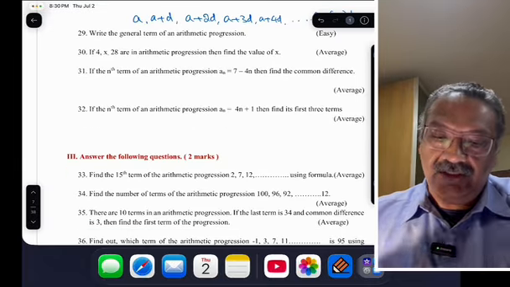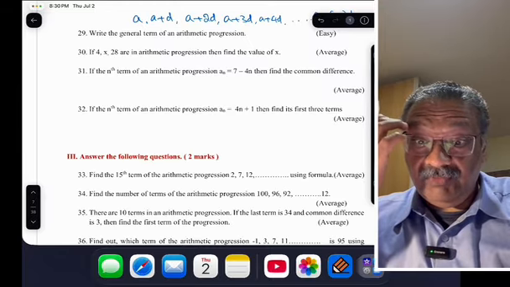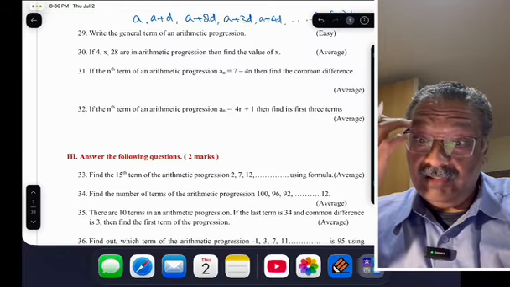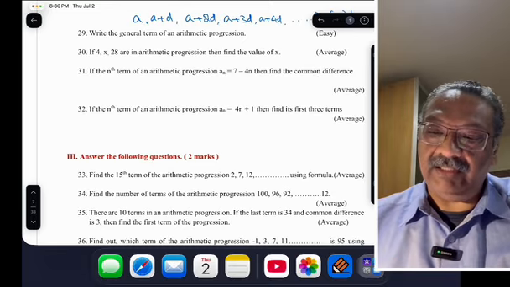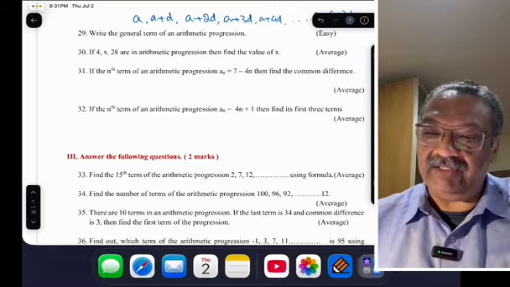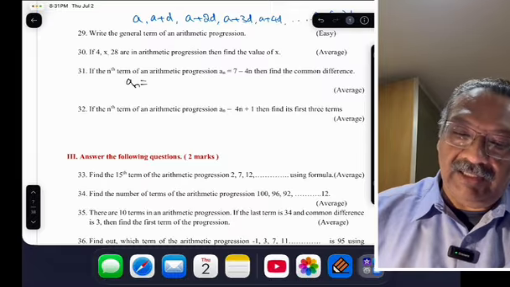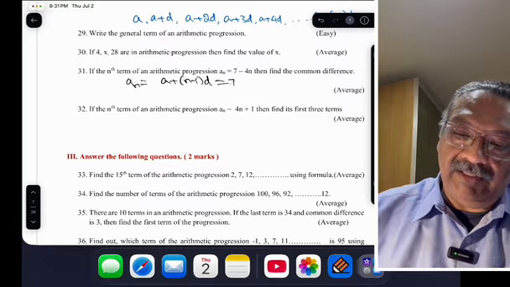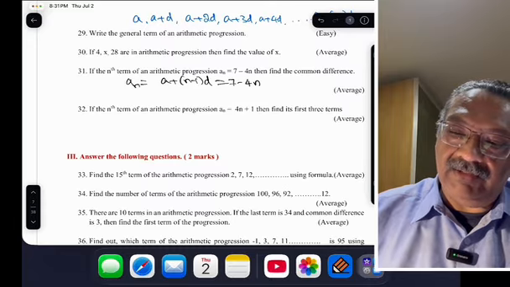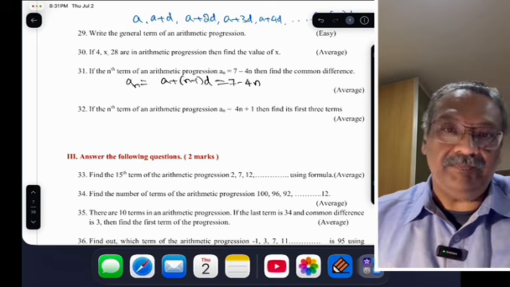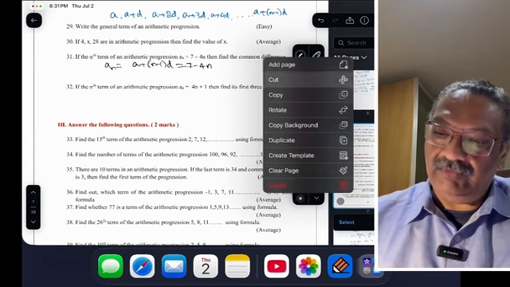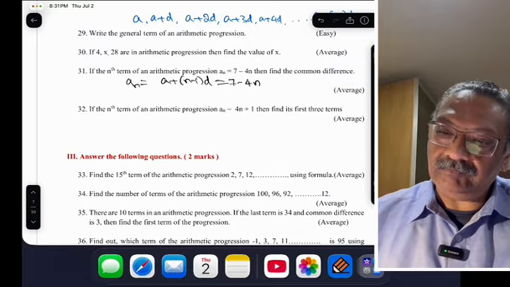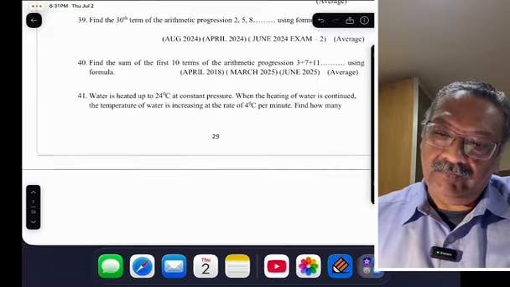31st question now. If the nth term of an AP, an is given as an is equal to 7 minus 4n, then find the common difference. What is the formula? We know an is equal to a plus (n minus 1)d, which is given to be 7 minus 4n. So, we have to find d.